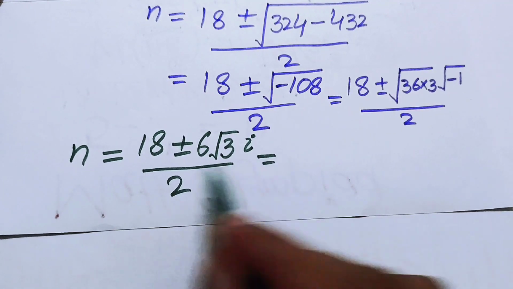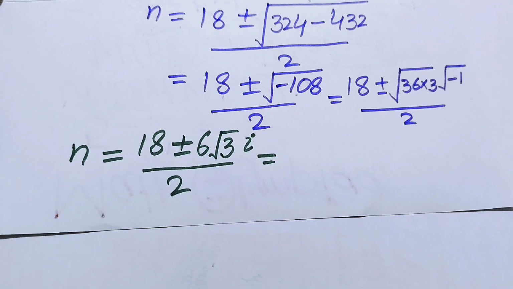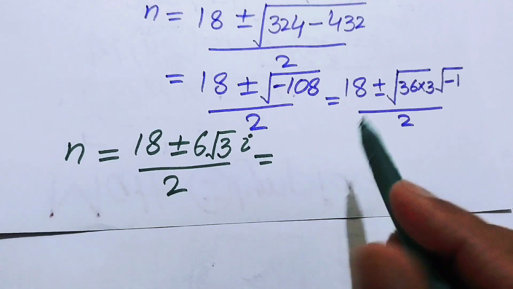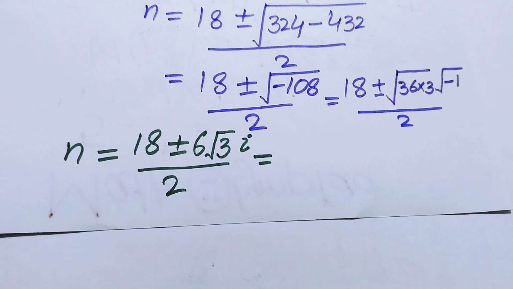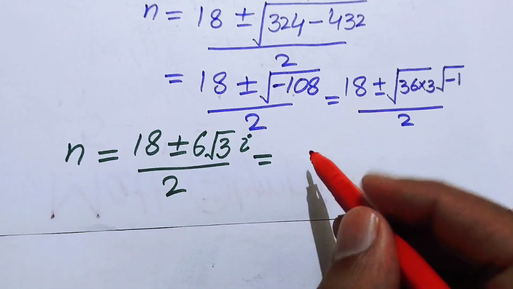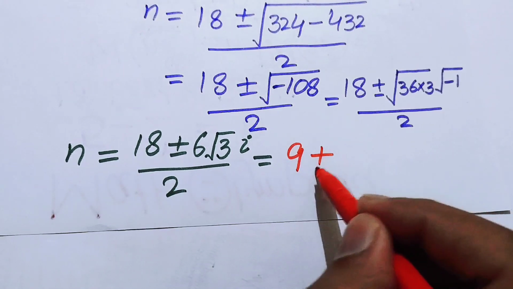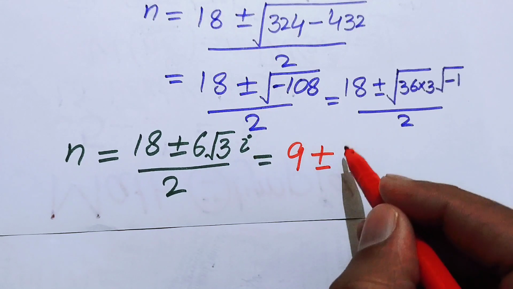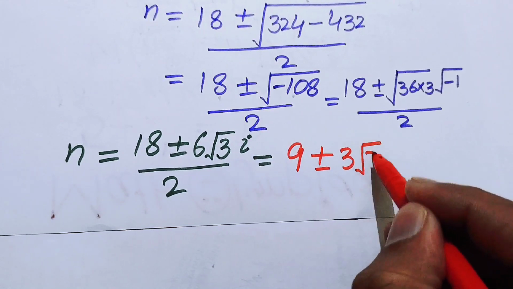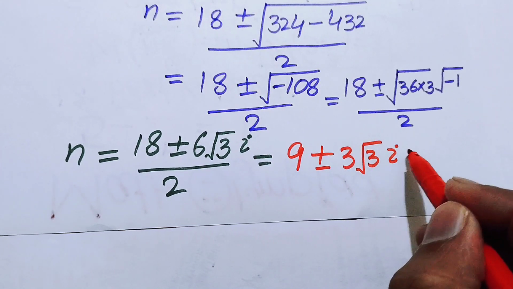So when you separate these two terms, then you will easily get the value in this form, which is 9, because when you open 18 over 2 you get 9, plus minus you have 6 over 2, you get 3 times square root of 3 into iota.